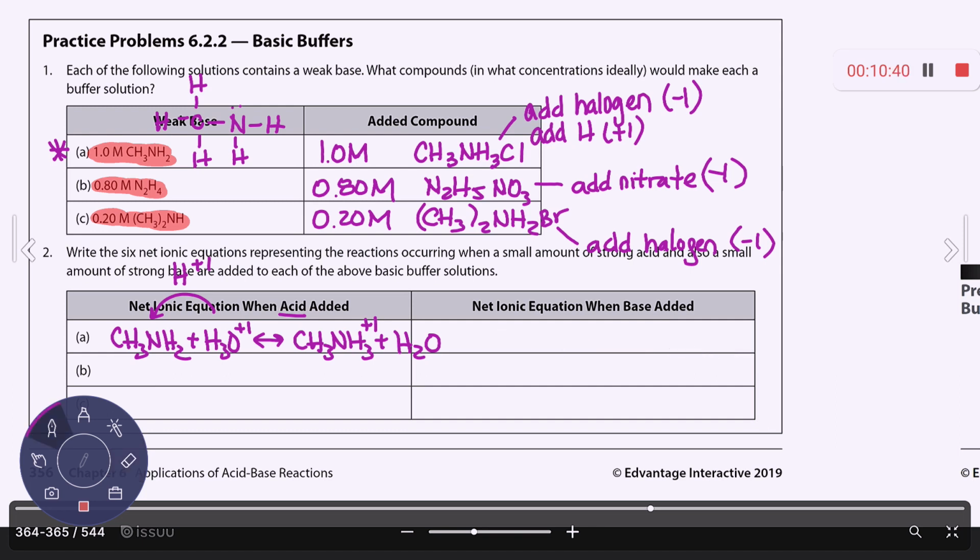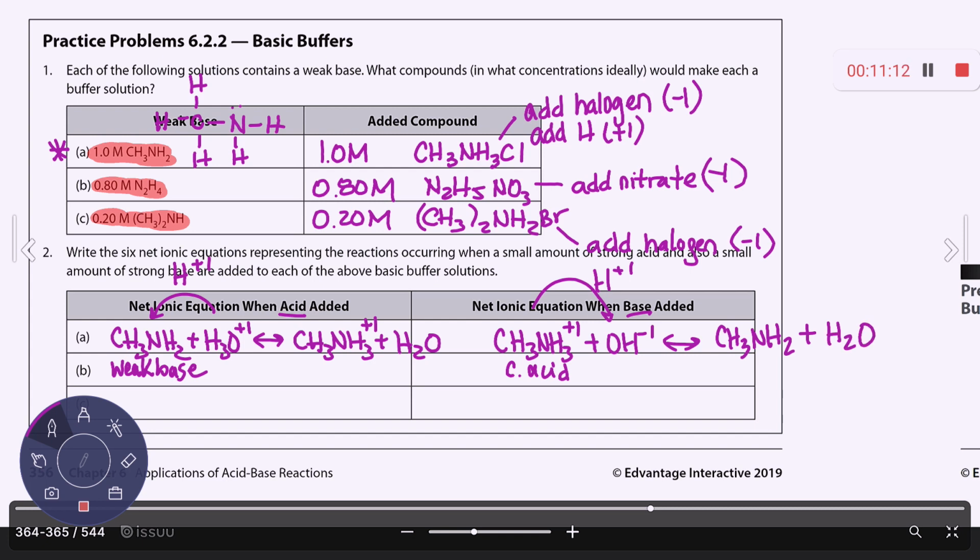I just had the wrong one. This would be CH3NH3 plus 1 with the hydroxide. So over here I had the weak base. This is the conjugate acid. Hydrogen will move this direction. And then you're going to end up with CH3NH2 plus H2O.